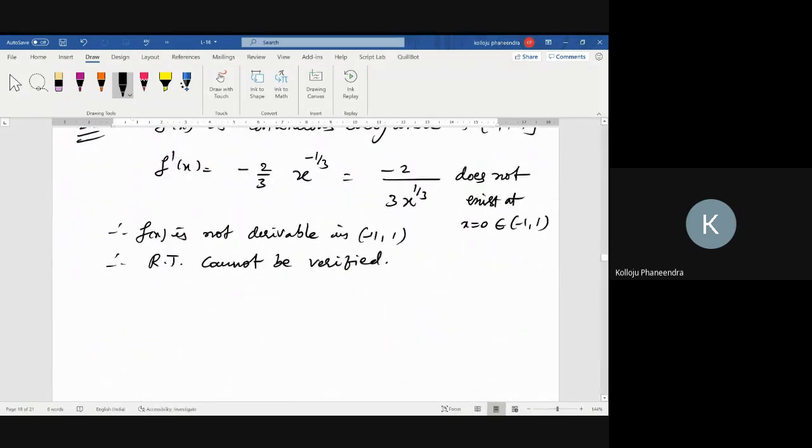And let me give the last problem. Last problem, this is also assignment. Try this.